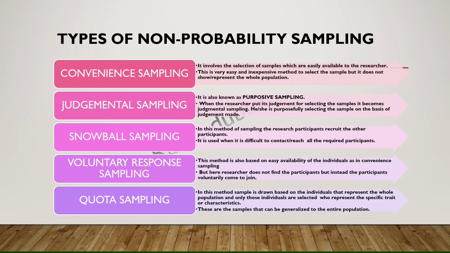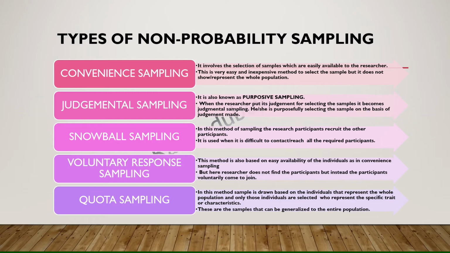Now, quota sampling. In quota sampling, the samples are drawn based on the individuals that represent the whole population, possessing the same characteristics, but I will select only those individuals who represent specific kinds of traits. These are the samples that can be generalized to the entire population.